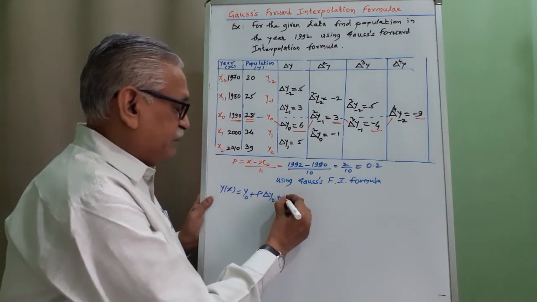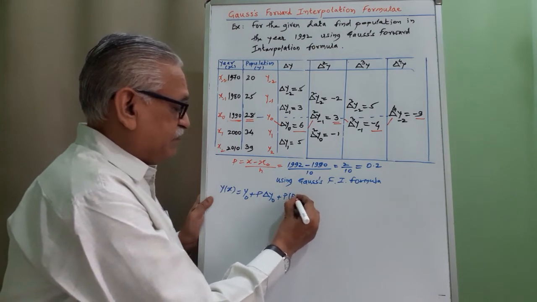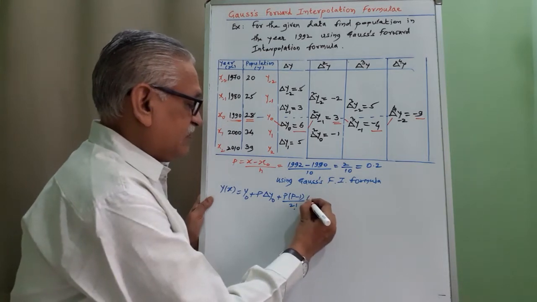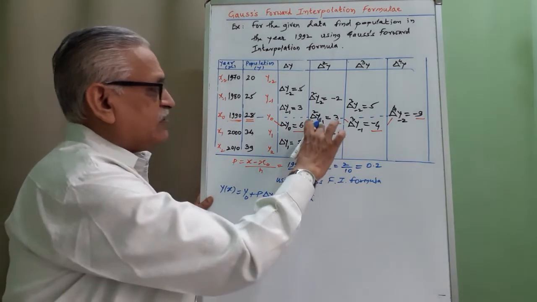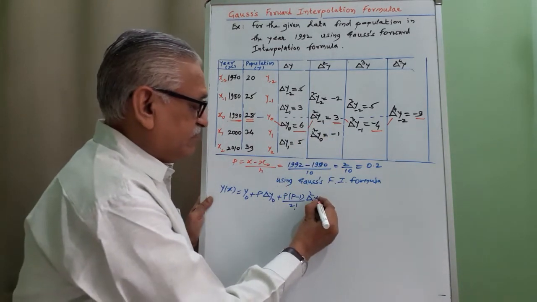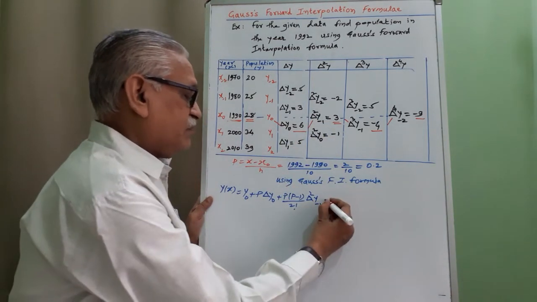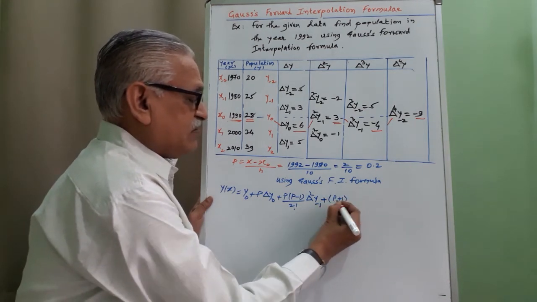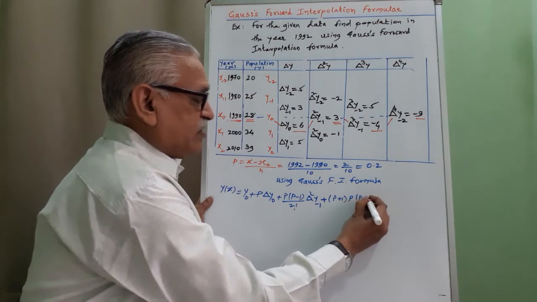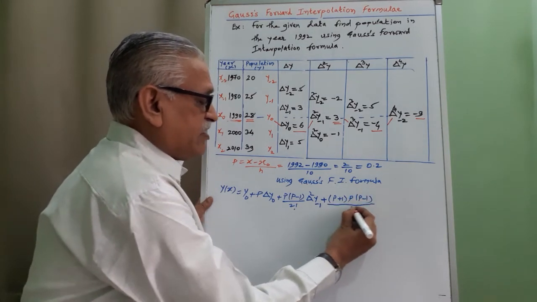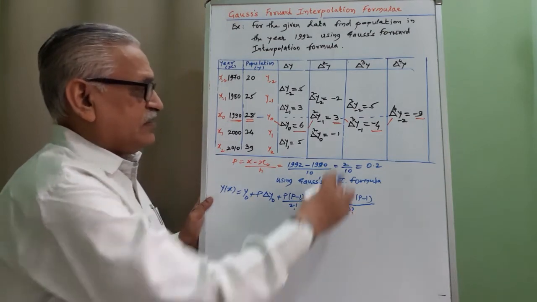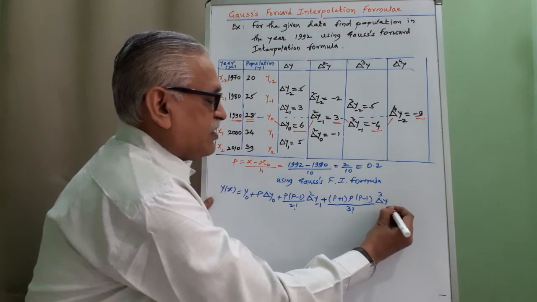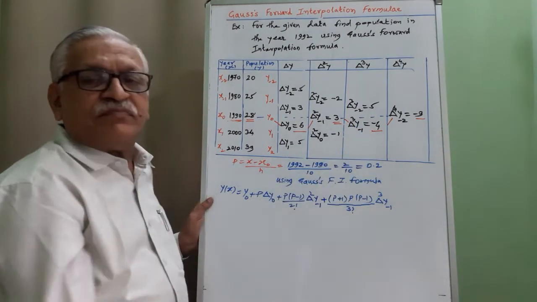Next one is p into p minus 1 divided by 2 factorial into del square y minus 1, plus p plus 1 into p into p minus 1 divided by 3 factorial into del cube y minus 1, this one.